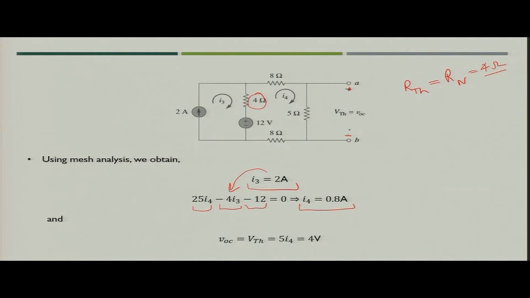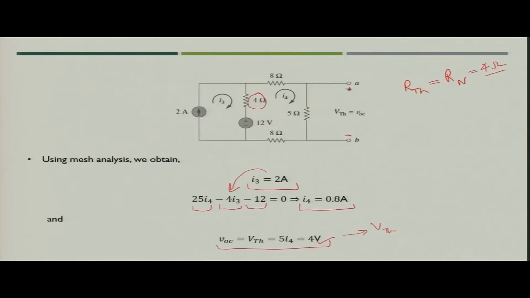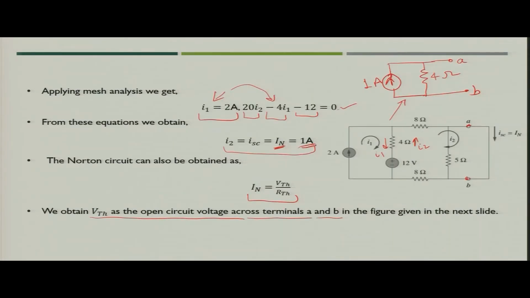Now, what would be the value of the open circuit voltage? The open circuit voltage VOC is nothing but 5 into I4. So, 5 into I4 is 4 volt, and this is your Thevenin voltage. Now, we have got the Thevenin voltage and the Thevenin resistance. Using the formula IN equals VTH upon RTH, you again get the Norton's current as 1 ampere, which is what we calculated when we directly applied Norton's theorem.